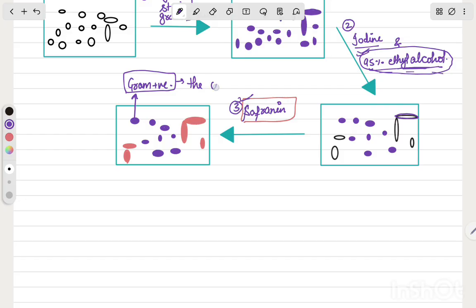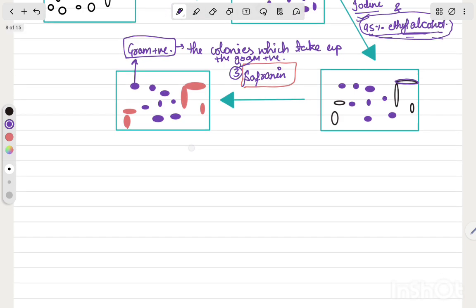The colonies which take up the gram stain are gram positive, and these are gram negative bacteria.